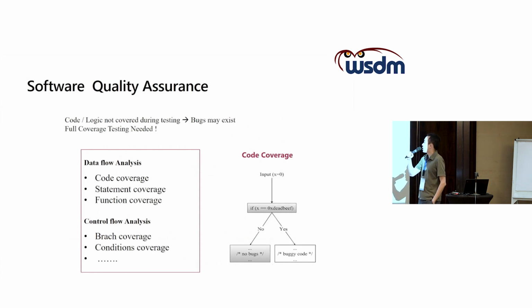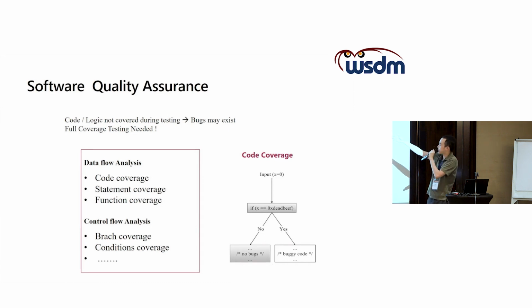So what we do when considering software quality assurance is that the code or logic in our software that has not been covered during testing is where we can find the bugs. So here, in software, we can treat the bug as the out of distribution sample, similar to our machine learning problems. Therefore, in software quality assurance, we say that full coverage testing is needed.